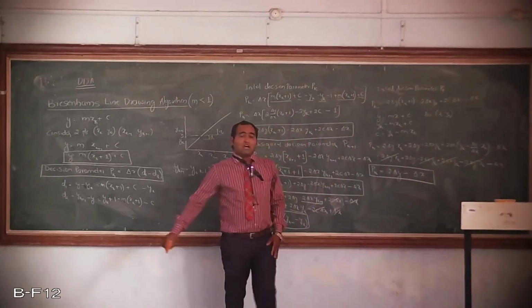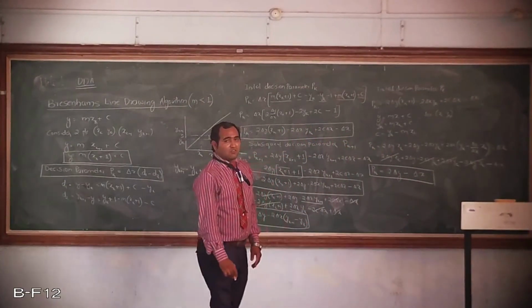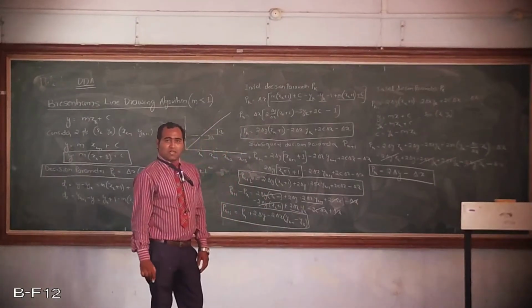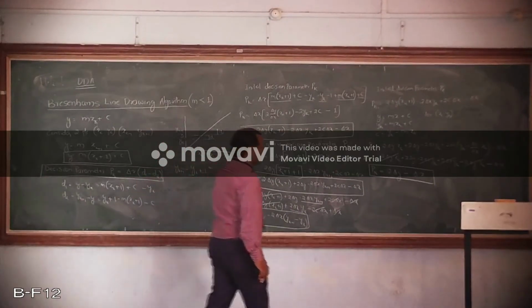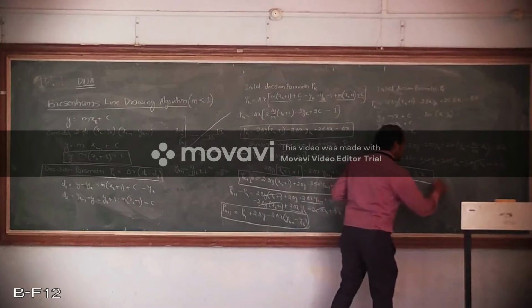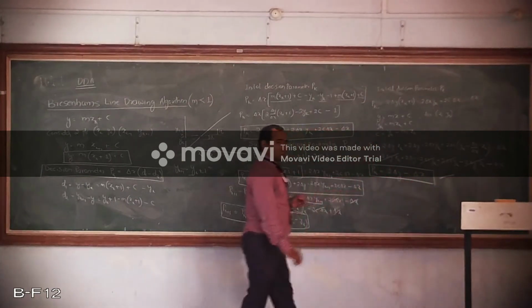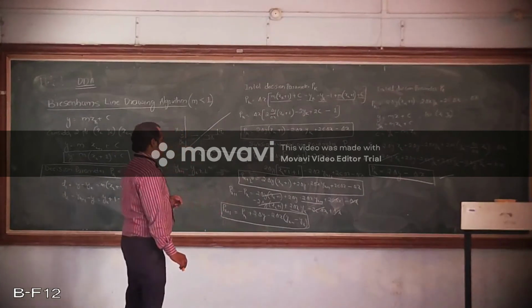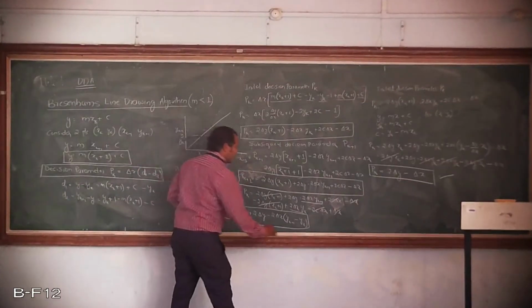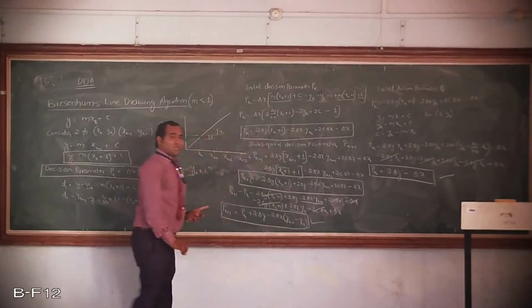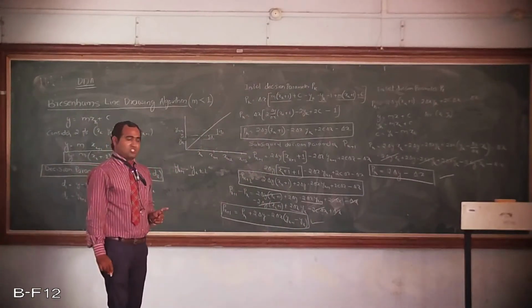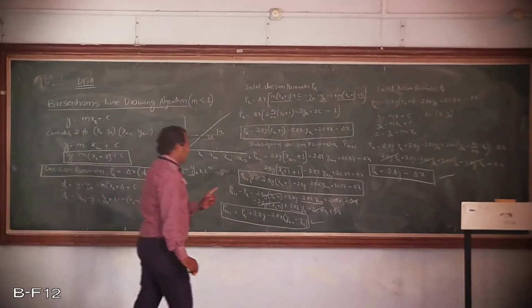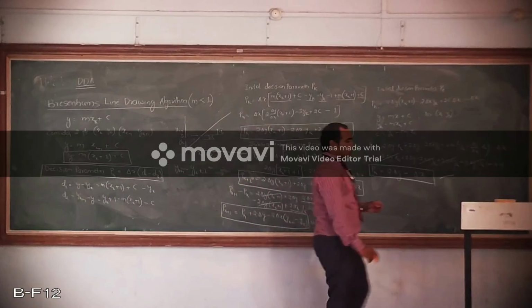This value I will be using for calculation of the initial decision parameter. So I need to remember the decision parameter equation, pk is equal to 2 delta y minus delta x, and the subsequent parameter pk plus 1. I need to remember these two equations for solving the problems.